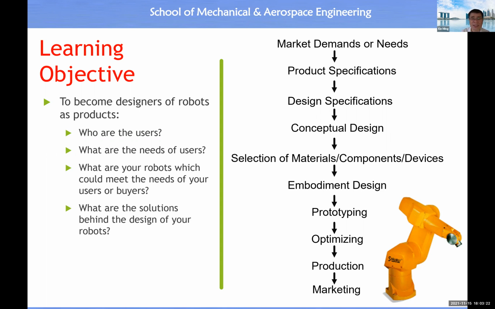And the conclusions, the solutions, the principles are applicable to other types of robots in other domains. All right, so that is the key takeaway from the study of module 1.